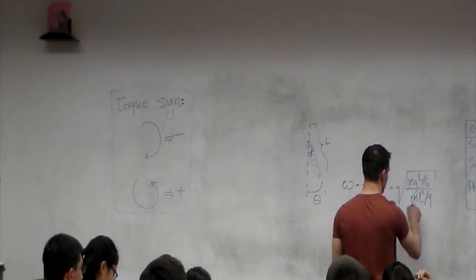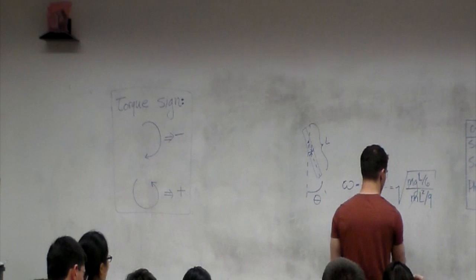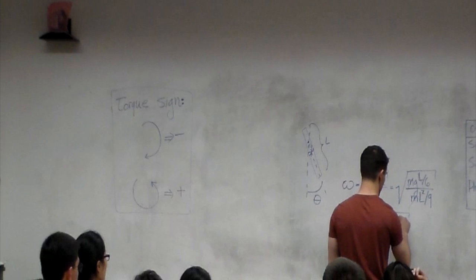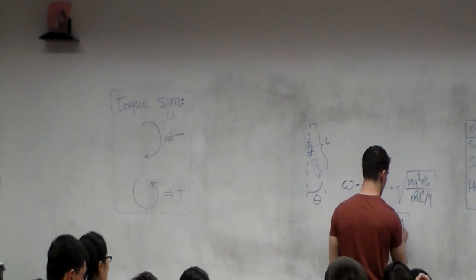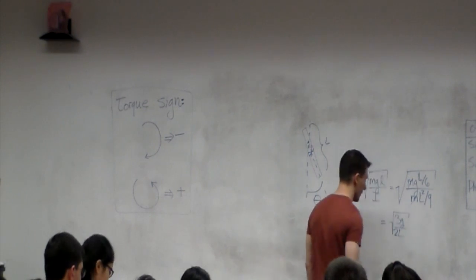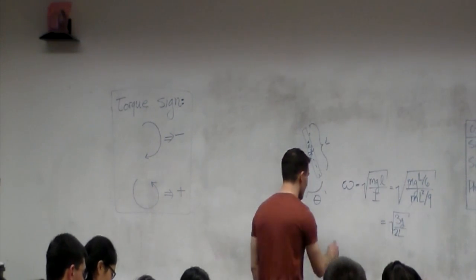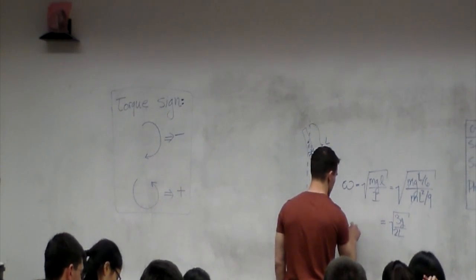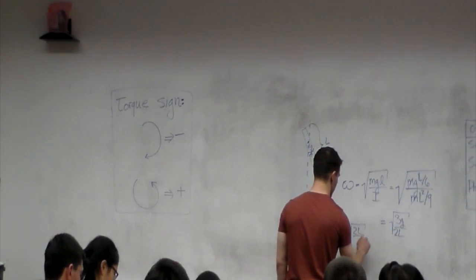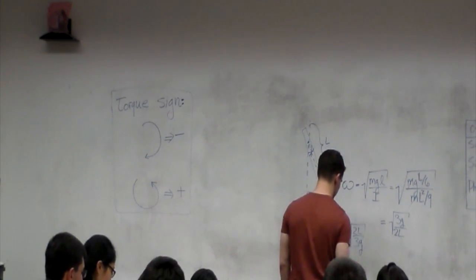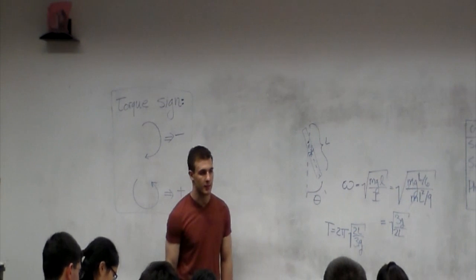Canceling L, this is equal to the square root of 3g over 2L. The time period T is just 2 pi over omega, which is 2 pi times the square root of 2L over 3g. So that was the answer to that.